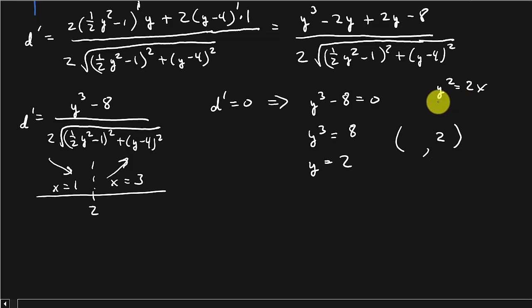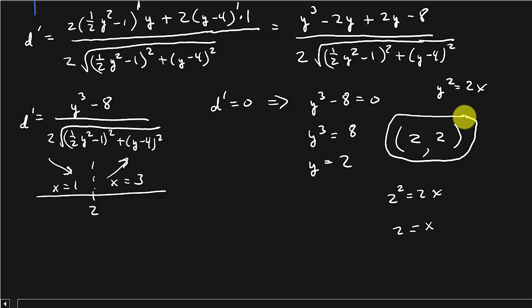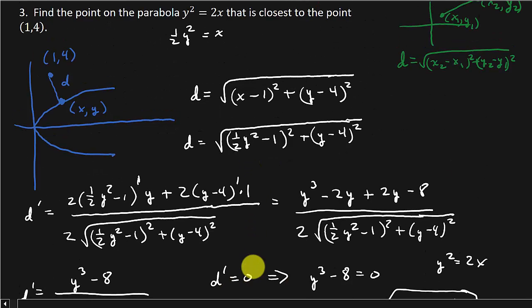So if I plug the 2 in for y squared, that's going to be 2 squared equals 2x. So we get x is equal to 2. And so that's the point. This is the point on the parabola that's closest to the point 1, 4. Okay, that would be this point here. This would be the point 2, 2.